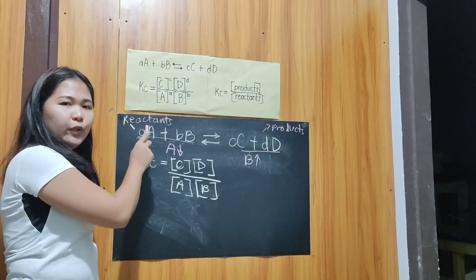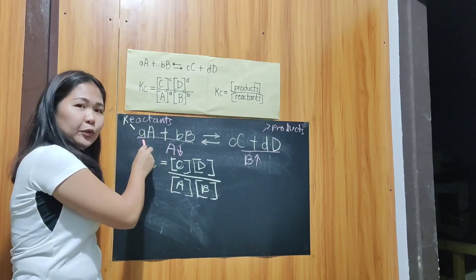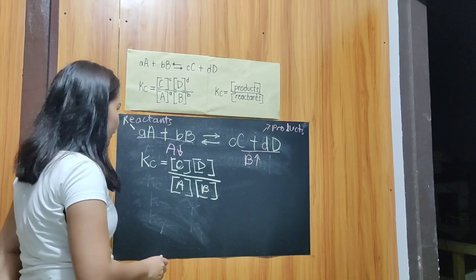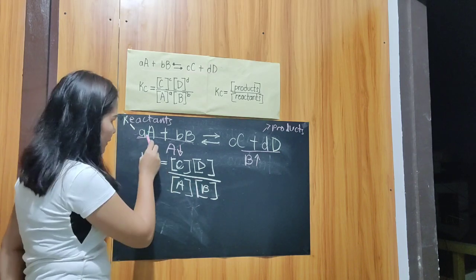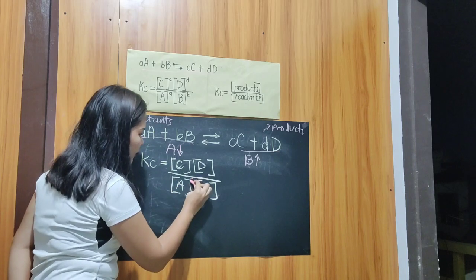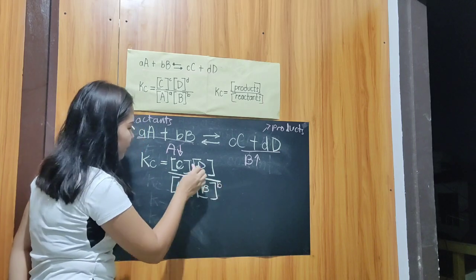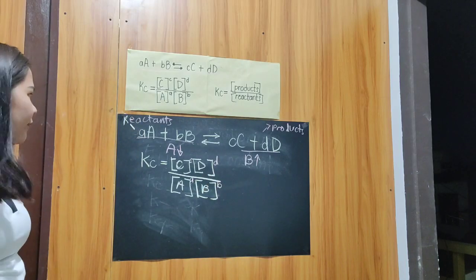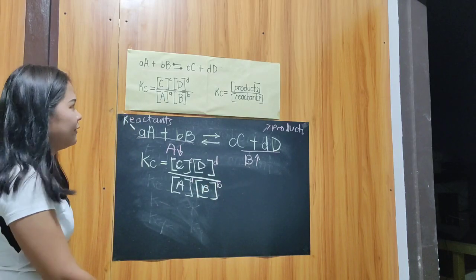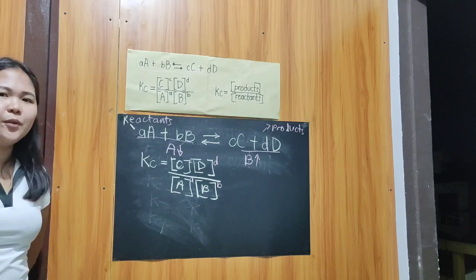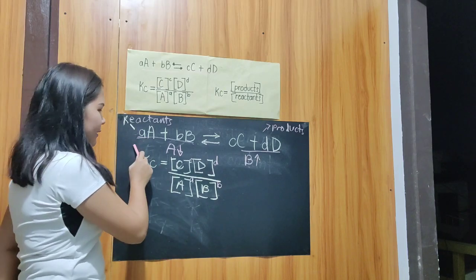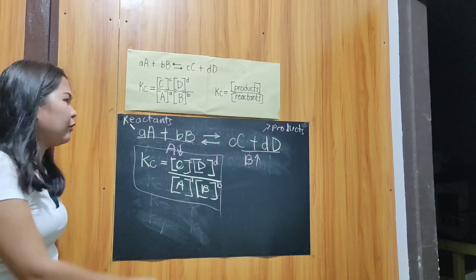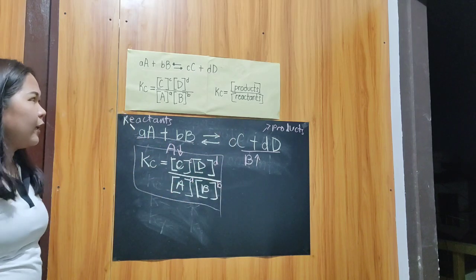So si coefficient is equal to power or exponent. So lowercase a, dili siya sa down siya. So dili siya A. This is B. Si C. And then si D. Okay, so this is our equilibrium constant, and this is our equilibrium constant equation.